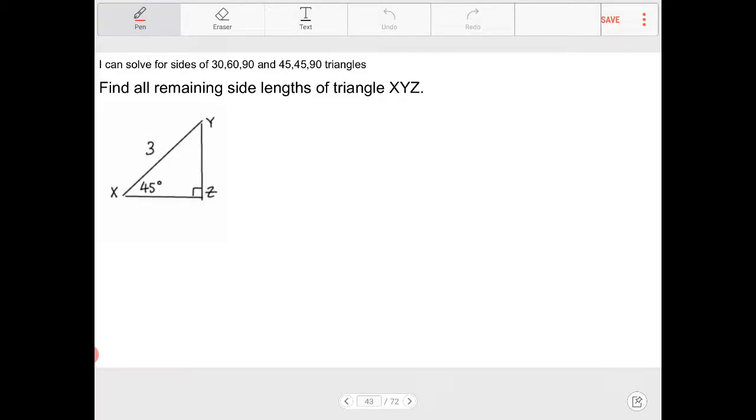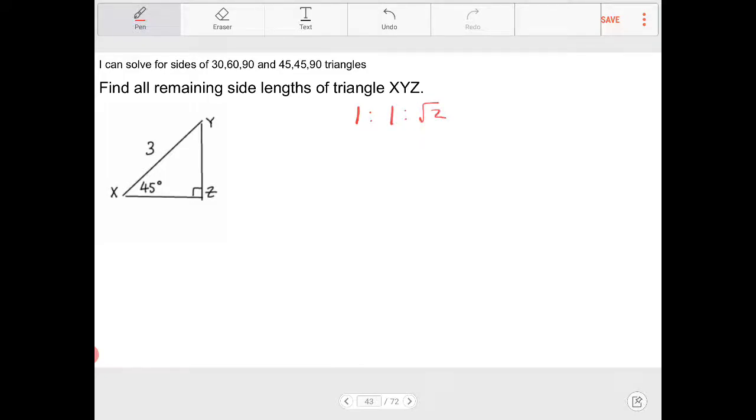All right, so let's take a look at this one. I want to figure out what the side lengths of YZ and XZ are. Being that this is 45 degrees here, this angle must also be 45, which means this is an isosceles right triangle. So if this is an isosceles right triangle, then the side lengths must correspond with this ratio.